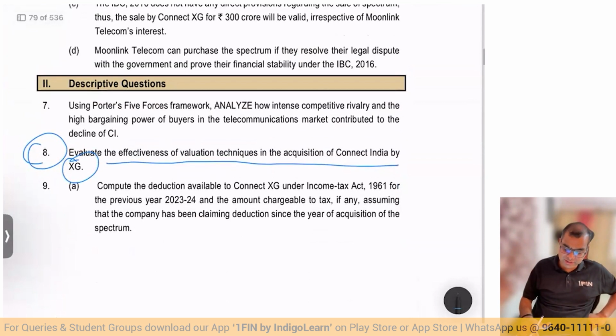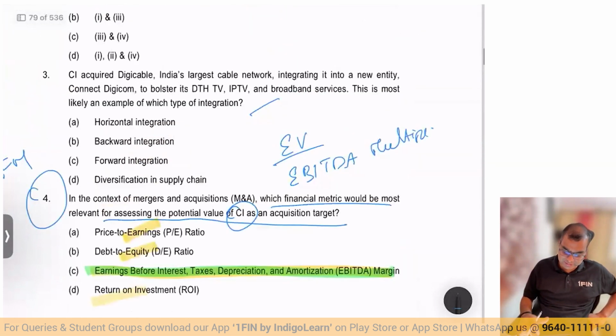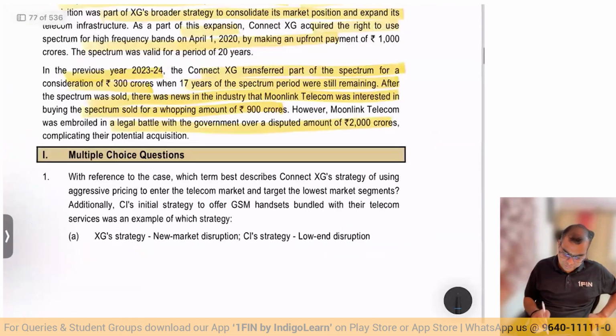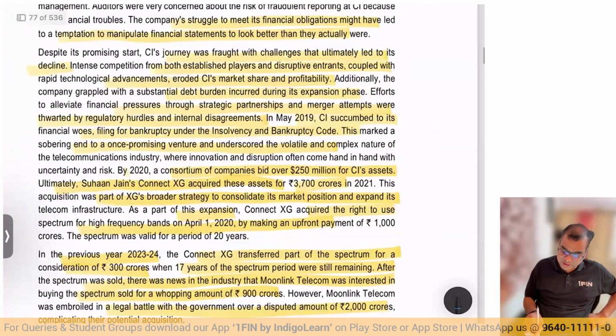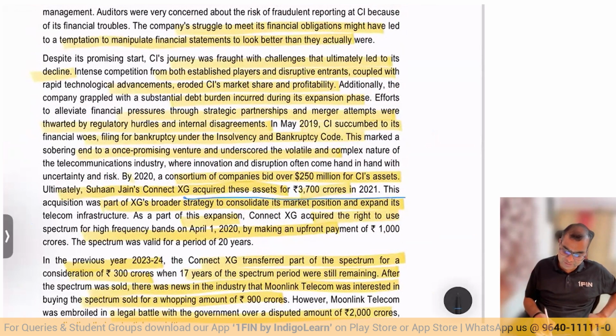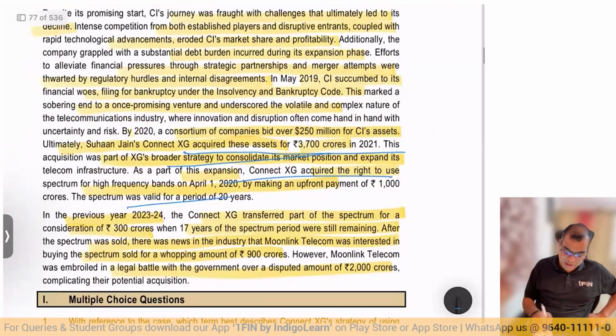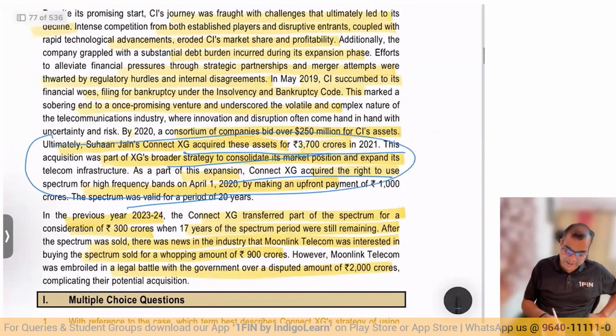So how did they acquire? They gave something here. They acquired these assets for 3,700 crores. This was part of the strategy. As part of this, they acquired the right to use spectrum and so on and so forth. So if you look at this, somebody acquired. They did not tell you how they acquired. They just acquired them for 3,700 crores.